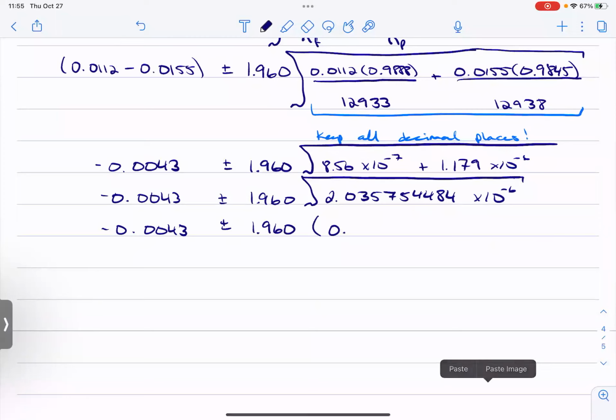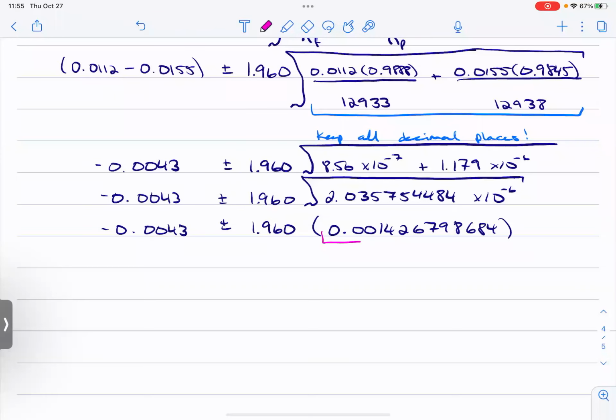Once you take the square root, you'll get 0.0014267986884. That value is the standard error of the difference in proportions. So this is the standard error of PF hat minus PP hat.